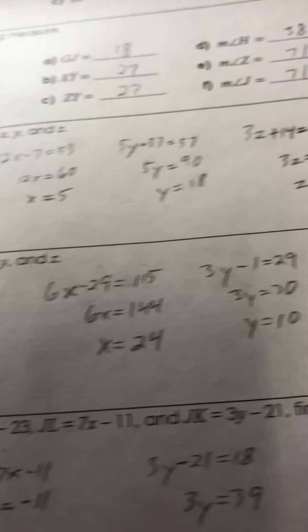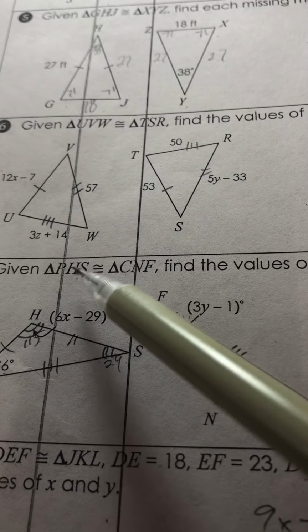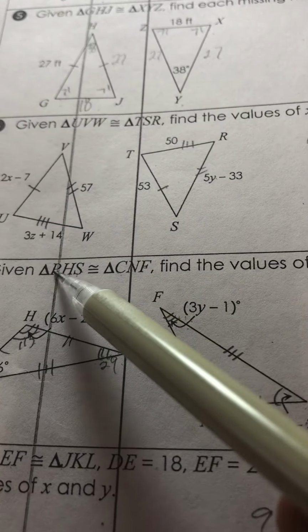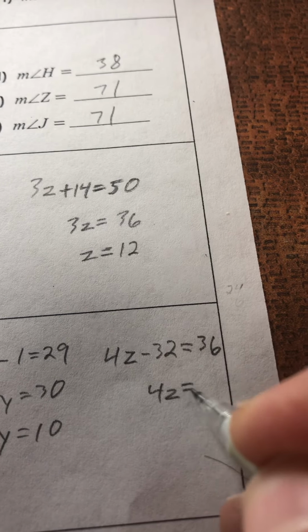Okay, solving for Z, C and P go together. So this is 36, so the whole thing equals 36. So I'm going to have 4Z minus 32, and that's going to equal the 36. So I have 4Z equals 36 plus 32, which gets 68.